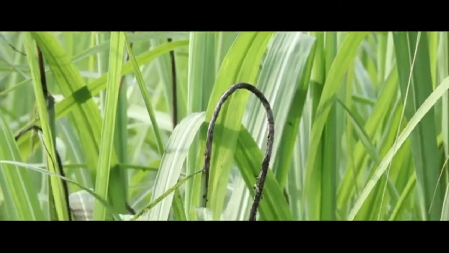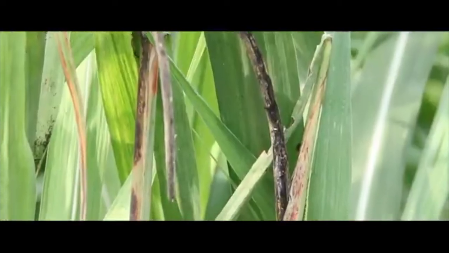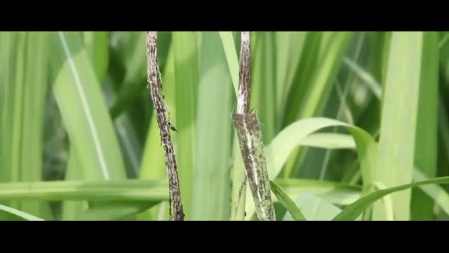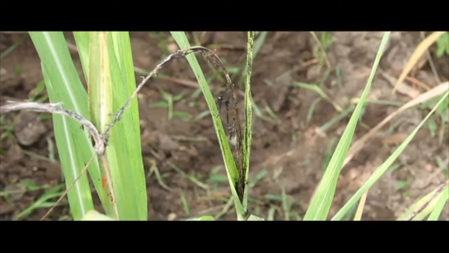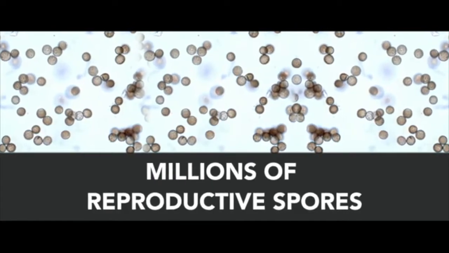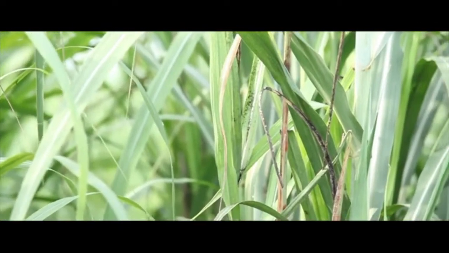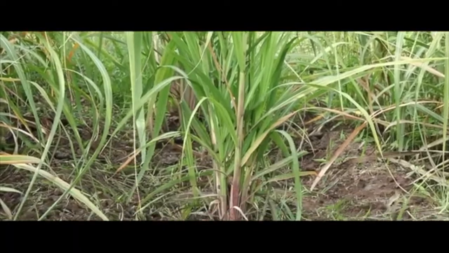The characteristic symptom is the production of a long whip-like structure from the terminal bud of the stalk, which is black in color and covered by a thin silvery membrane. This silvery membrane ruptures, releasing millions of reproductive spores of smut fungus, which are present in the form of a powdery mass. The affected stalks are usually stunted.